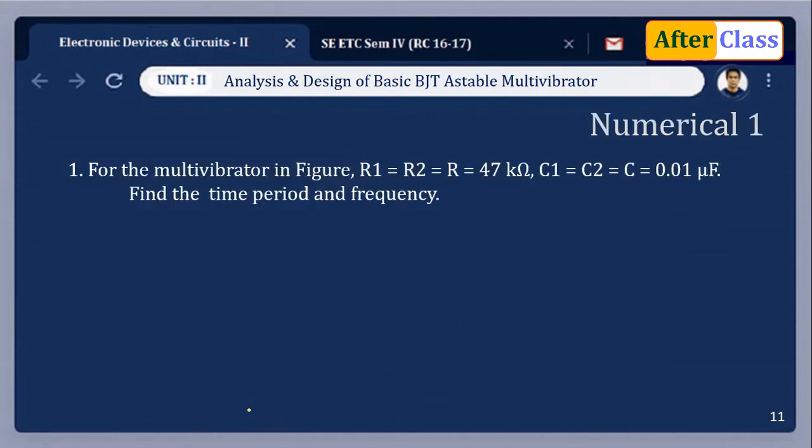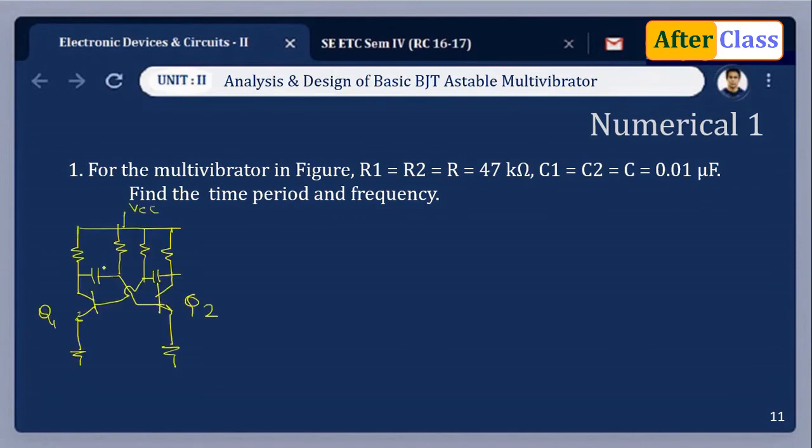So now we'll try to understand the working of an astable multivibrator from a numerical point of view. Here R1 equals R2 equals R equals 47 kilo ohms, C1 equals C2 equals C equals 0.01 microfarad. So we have the same circuit diagram: RC, this is C2, R2, R1, C1, transistor Q1.